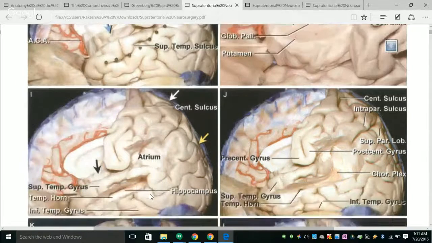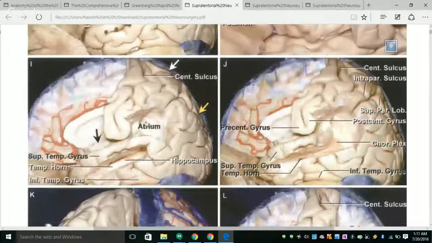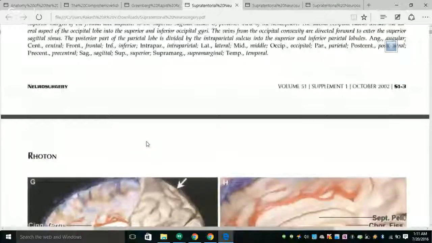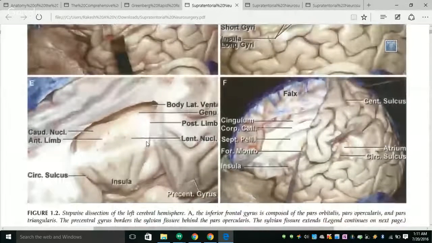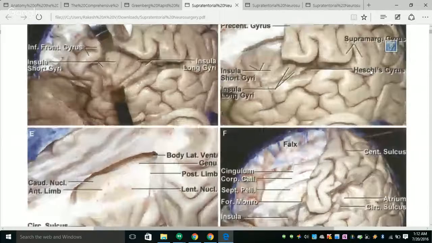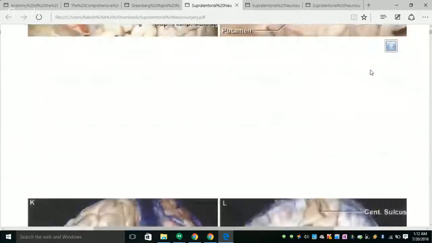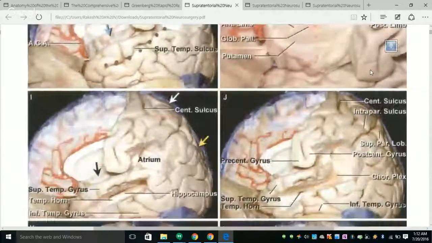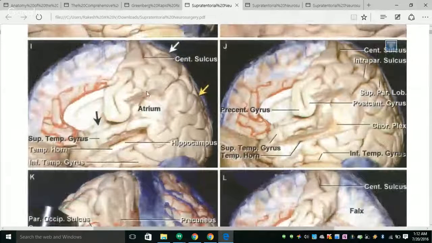Rakesh, do you want to show the correspondence? I think it's clear. Yeah, this is really amazing. We have the atrium deep to the supramarginal gyrus, and we also have the hippocampus deep to the middle temporal gyrus.